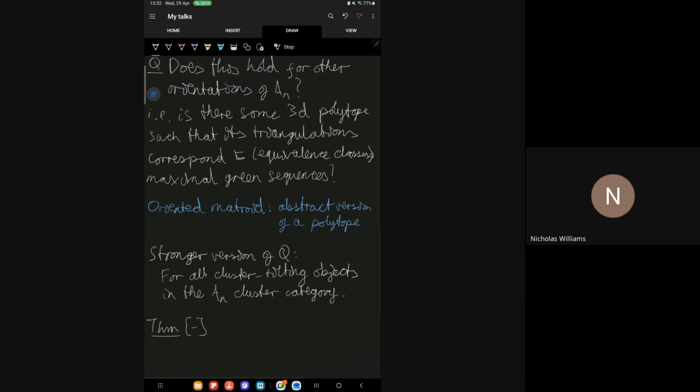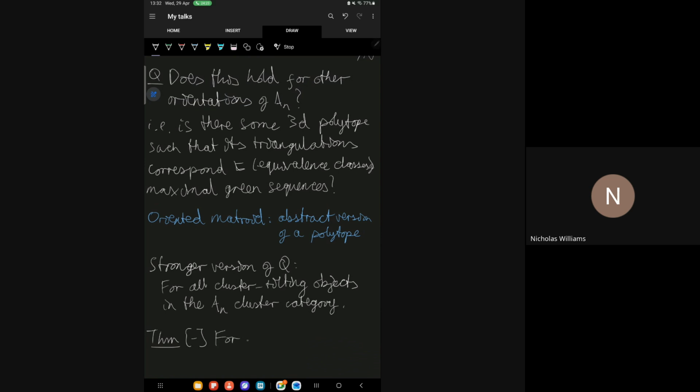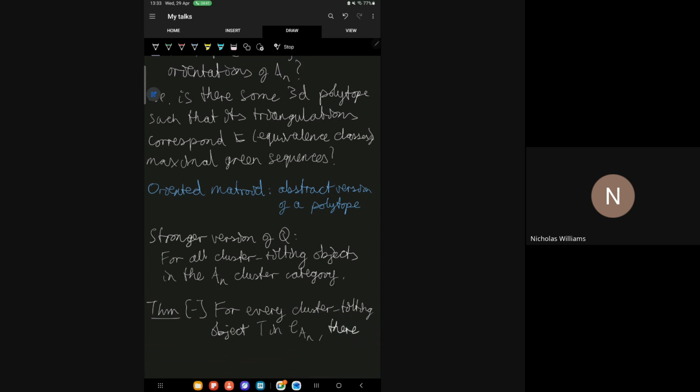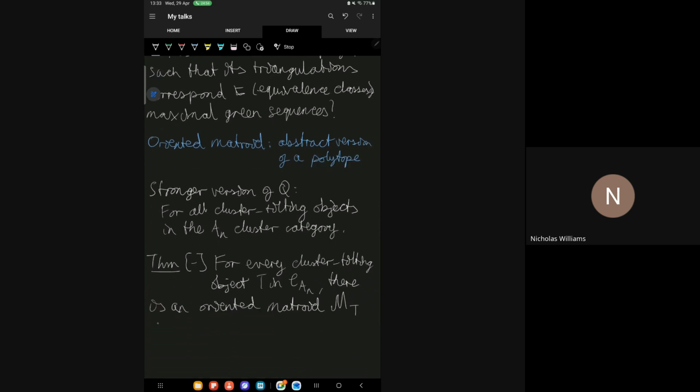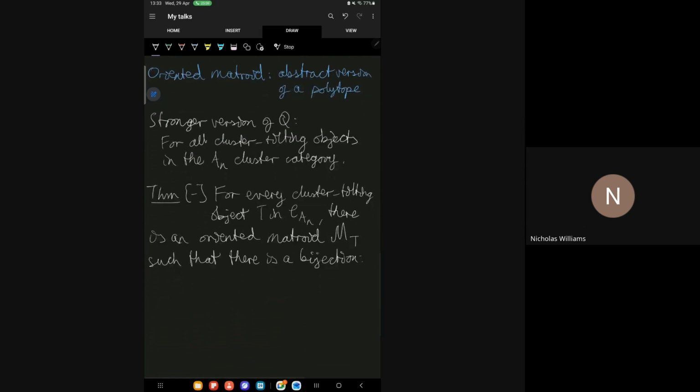So yeah, this is the theorem that goes some way towards answering this question. So for every cluster tilting object T in the cluster category of A_n, there is an oriented matroid M of T, such that there is a bijection between, on the one hand, triangulations of M_T, which is something that still makes sense for oriented matroids.